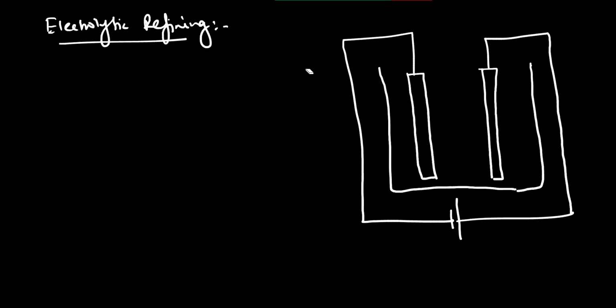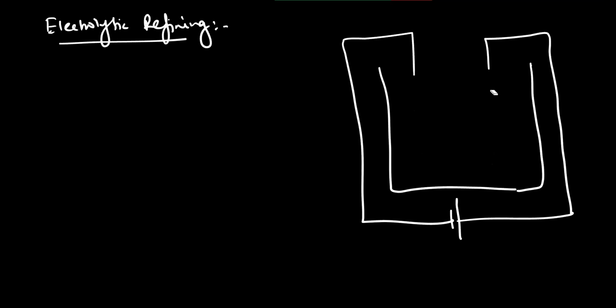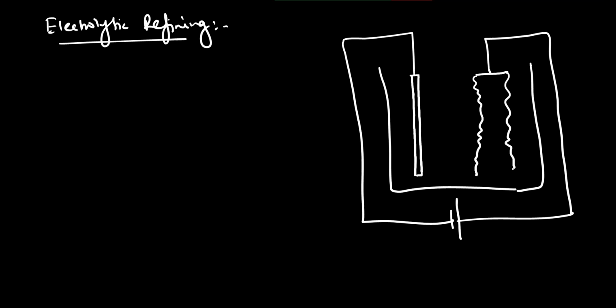During electrolytic refining, a thin rod is taken, a very thin rod, and in the other we have the rod of the metal that we need to purify. This is the impure one.